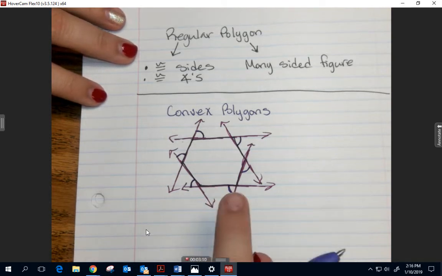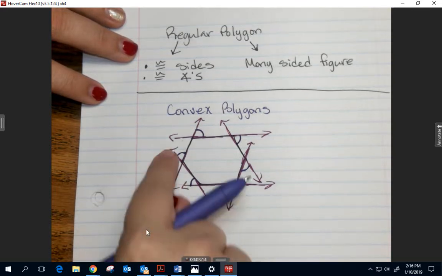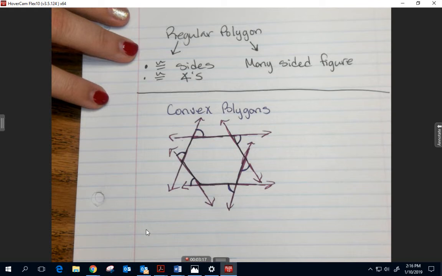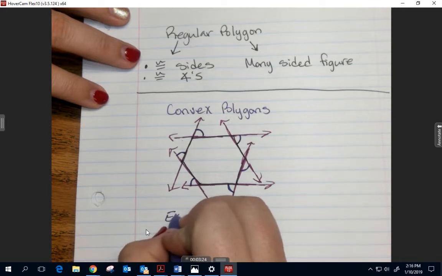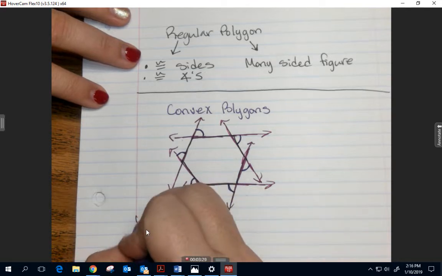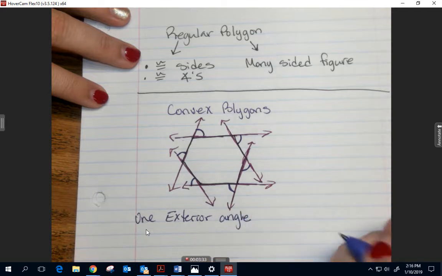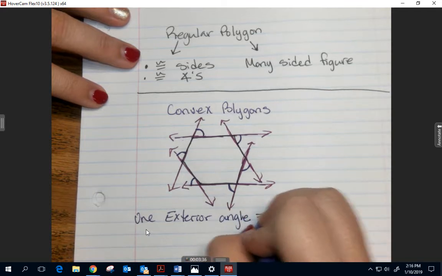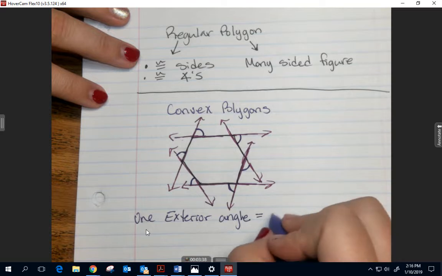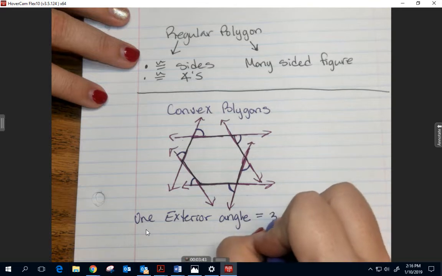If this is a regular hexagon, each one of these angles measures what? How would I figure that out? One exterior angle is equal to what? Well, what do all of them add up to? 360.